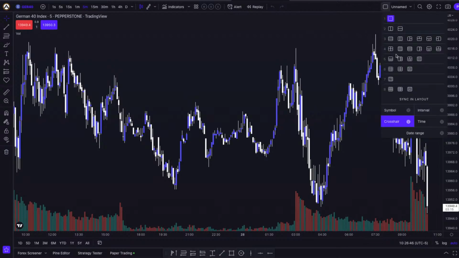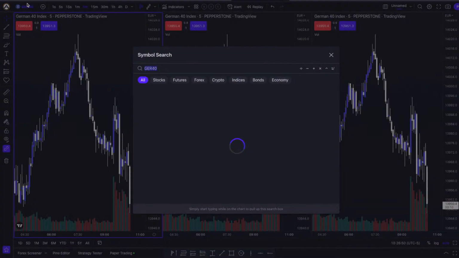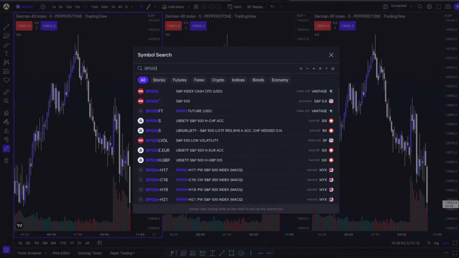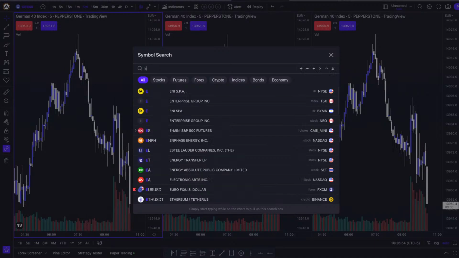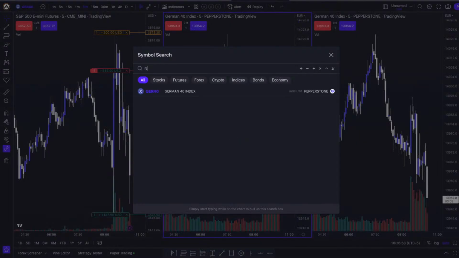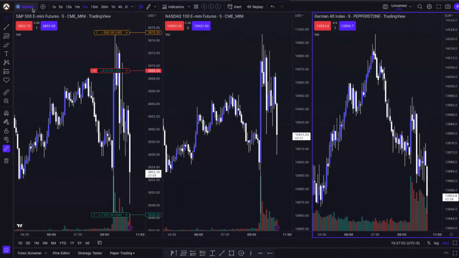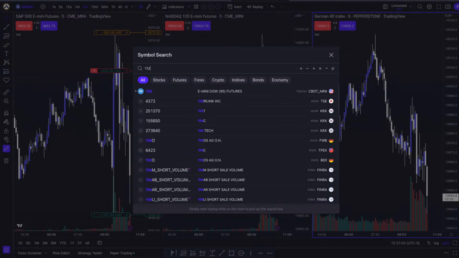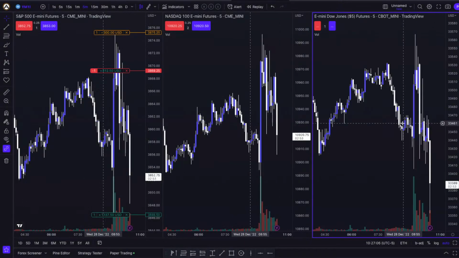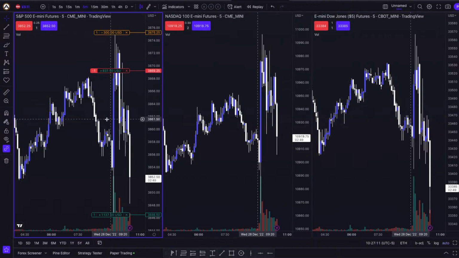So what we're going to do for that is we are going to separate our chart by 3. Right here we are going to print the ES1. Here we are going to use the NQ1. And here we're going to use the YM1. E-mini Dow Jones, the Nasdaq, and the SP500.